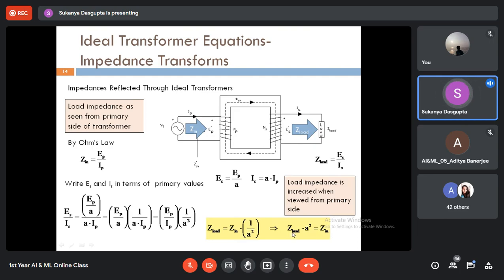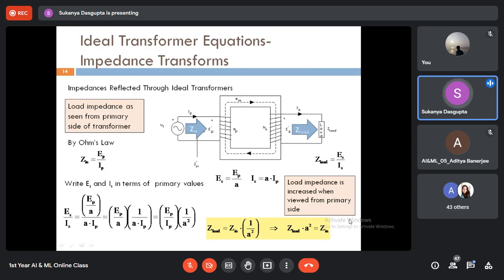That means load impedance is increased when viewed from the primary side. And this is reversed if you see from the secondary side. If it is viewed from the secondary side, then this relationship will change.